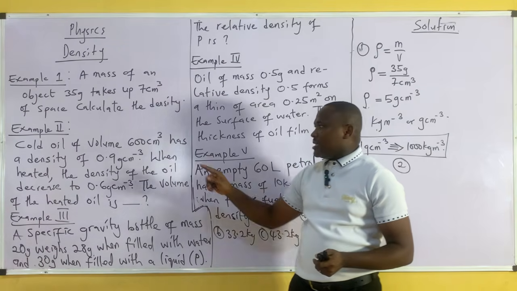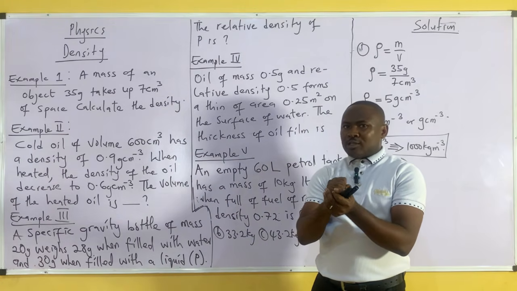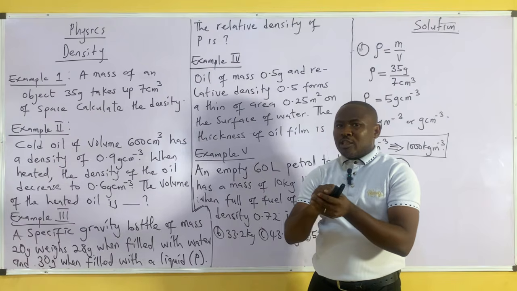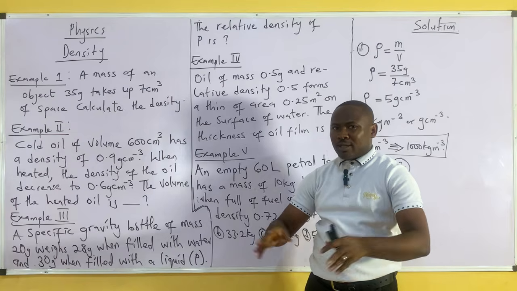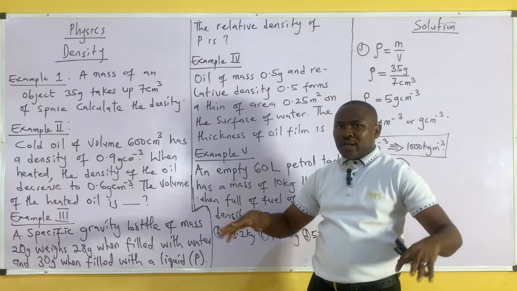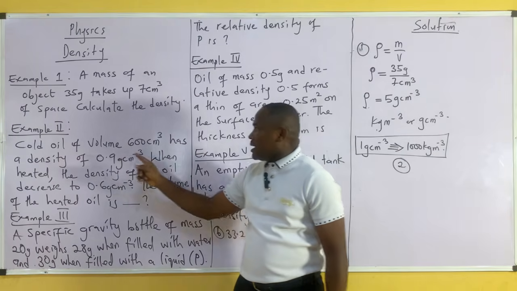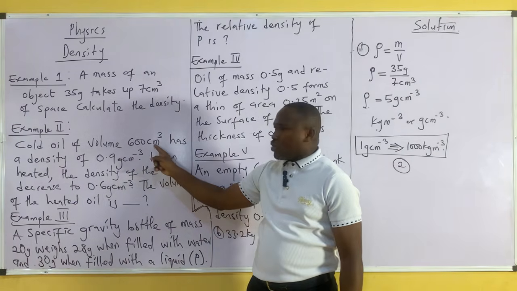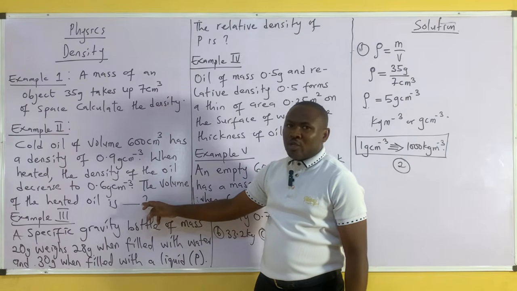So when liquid spreads, the volume it occupies increases, unlike when the oil is cold. That's why the volume of the oil when cold will not be the same as when hot.